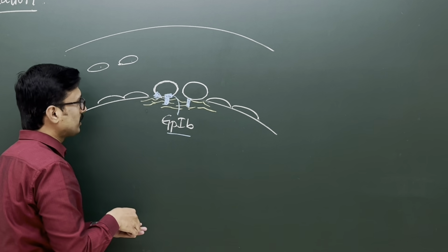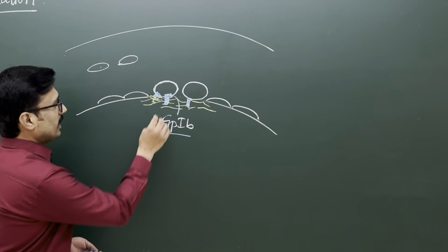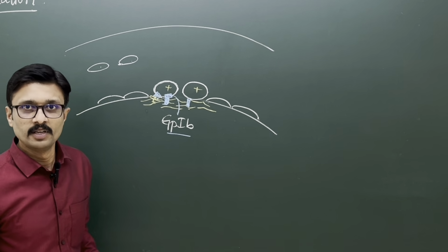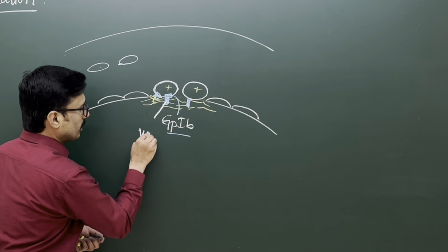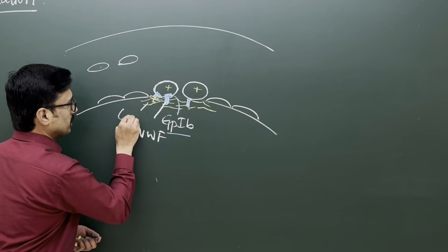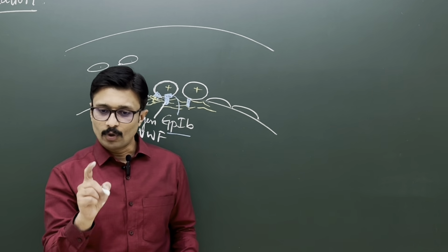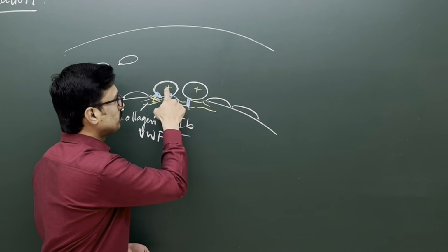Collagen will bind to these receptors present on the membrane of the platelets, and these platelets will get activated when they bind to the von Willebrand factor or collagen. Binding of platelets to von Willebrand factor and collagen results in activation of these bound platelets.